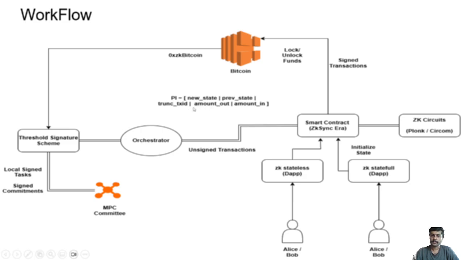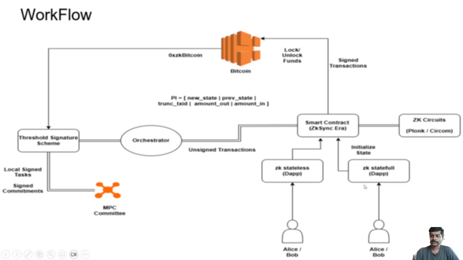All those things are passed as public inputs, and based on that the MPC validates the proof. Of course the ZK circuits are using Plonk or Circom, which is much more compatible and mostly used, so it is much easier to generate the proofs.